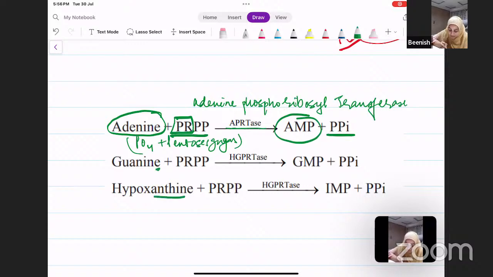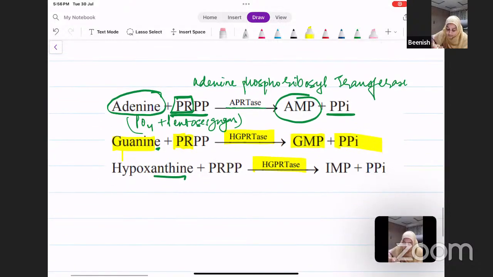Similarly, for guanine and hypoxanthine, the enzyme is the same. That is HGPRTase, hypoxanthine guanine phosphoribosyl transferase. So to guanine, if you add a phosphate and a ribose sugar, you end up with GMP, and a pyrophosphate is released. Similarly to hypoxanthine, you end up with IMP, inosine monophosphate.